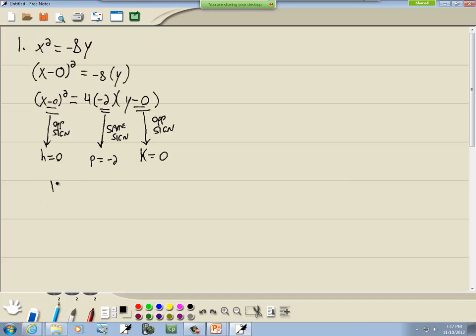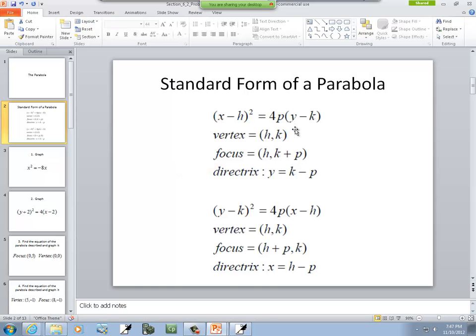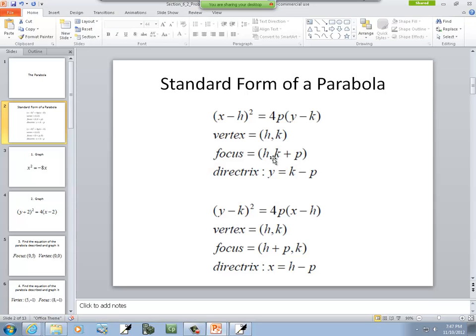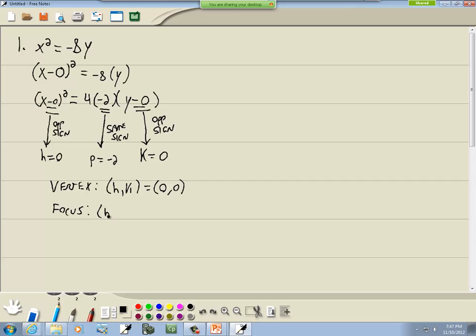Okay. Now from our formula, vertex is (h, k), right here. h we said was 0, k we said was 0. Our focus was (h, k plus p) from this formula. Well, h was 0, k was 0, plus p, which is negative 2.